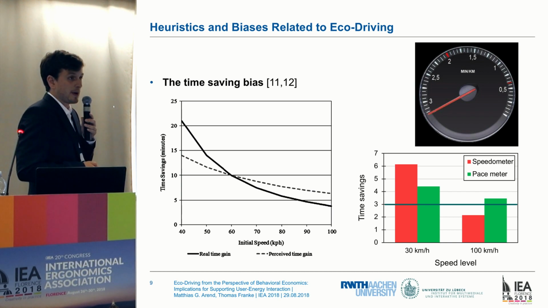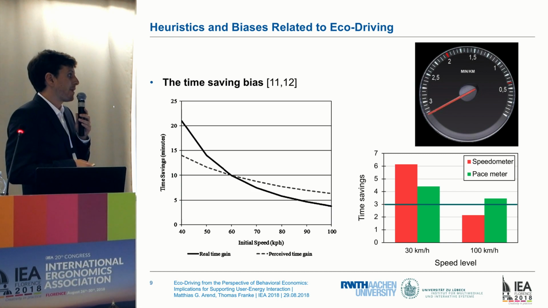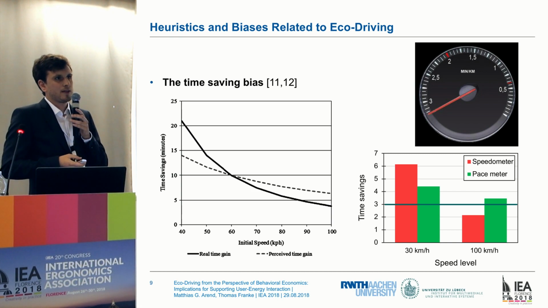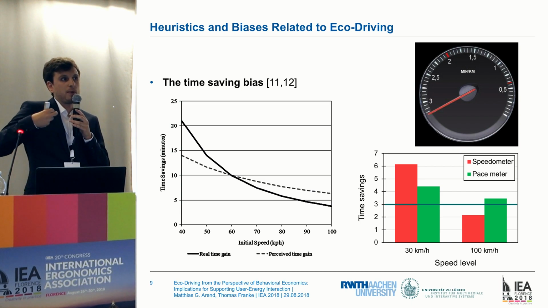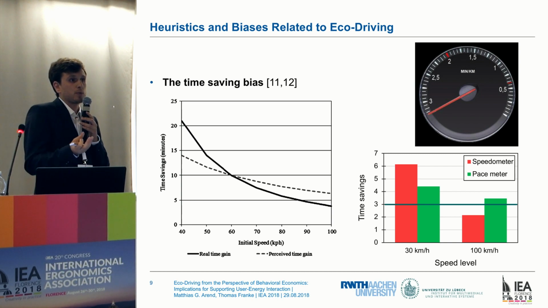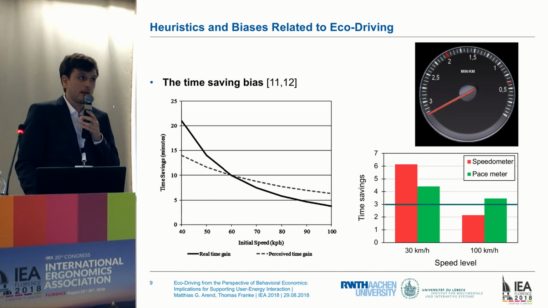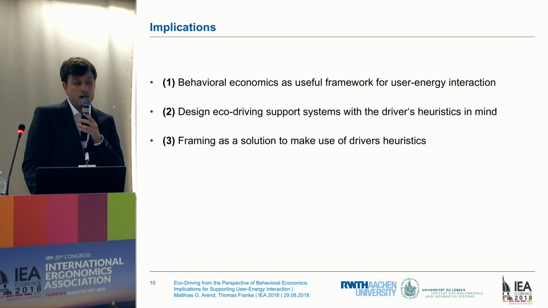The green group is the pacemeter group. The time savings they achieved in the driving simulator task are less biased than for the conventional speedometer group. So there's a way: if we frame a problem differently, humans can apply their heuristics in a more adequate way, and we can achieve less biased decisions and less biased behavior too.